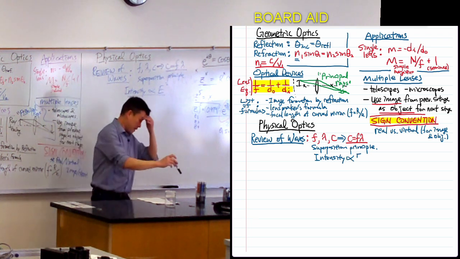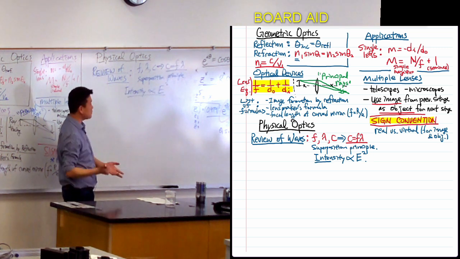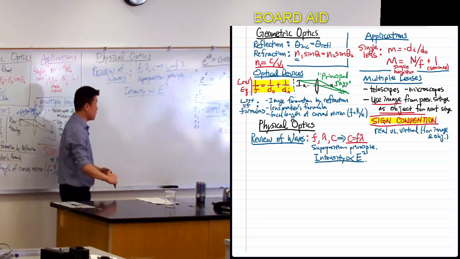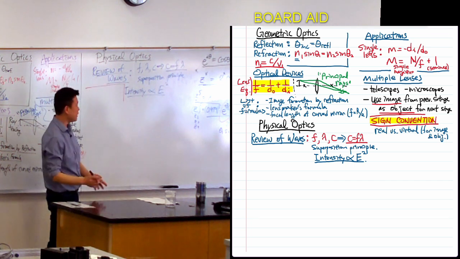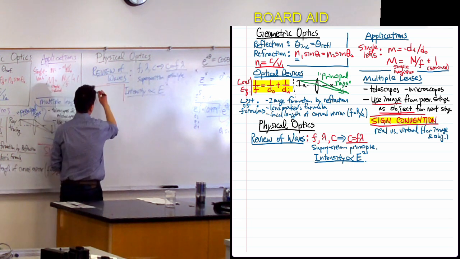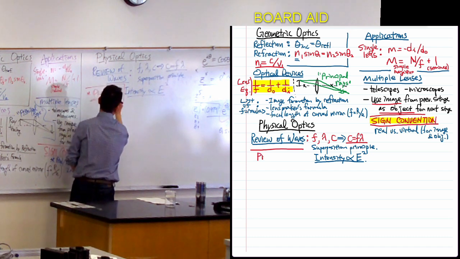Yeah? And as you're reviewing about the waves, and this really matters for wave interference, the idea that you need to become familiar with is the idea of phase and the role that phase plays in interference.